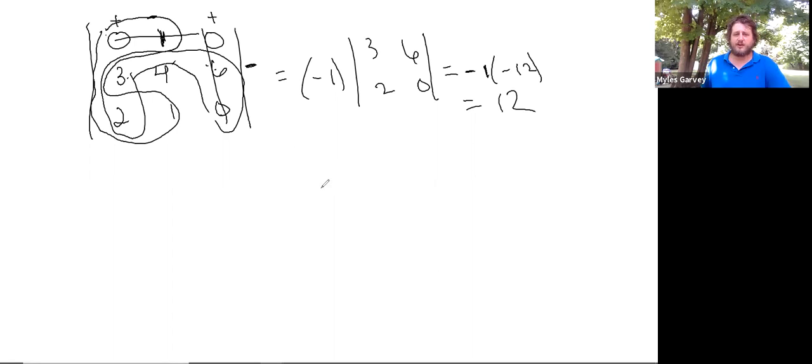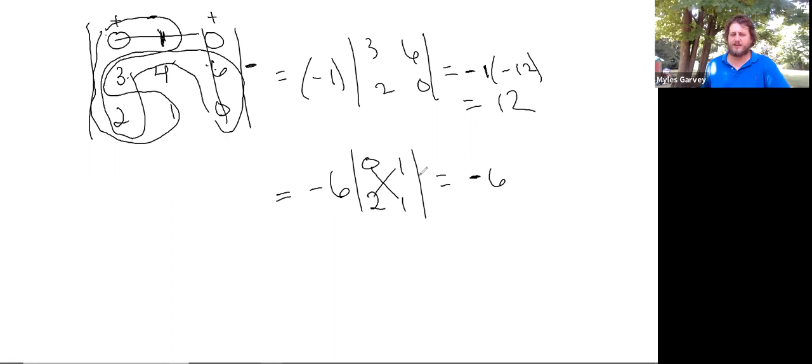So we're going to get minus 6 times the determinant of 0, 1 and 2, 1. 1 times 0 is 0, and 2 times 1 is minus 2, because we do this minus that, and we get minus 2. And of course, that gives us the same result, which is 12.